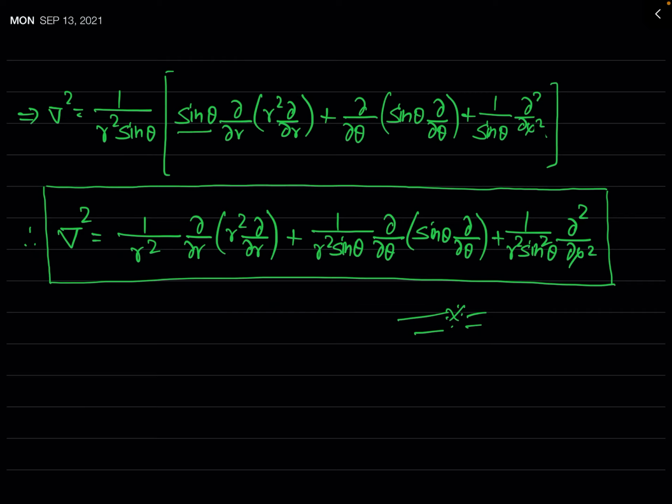You can see here sine theta has been taken outside of the differential operator, and in the last term 1 over sine theta has been taken outside of the differential operator.